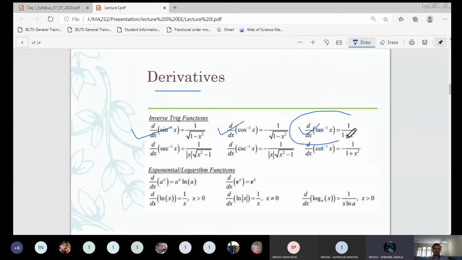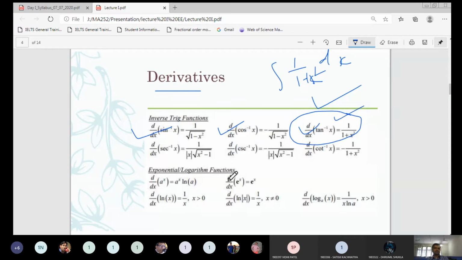This one is useful to us because we use it in integration, integration of 1 upon 1 plus x square dx. So take care about it.